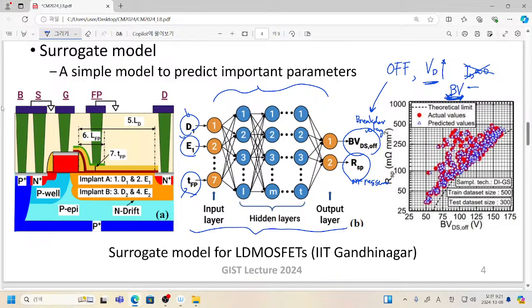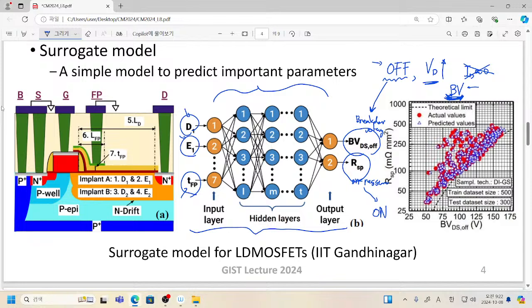So if you have a high breakdown voltage, then this is regarded as a good device, and if you have a relatively low breakdown voltage, then that is considered a poor device when you apply it to power device application. In contrast to this breakdown voltage, which is related to its off-state current, on resistance is related to its on condition.